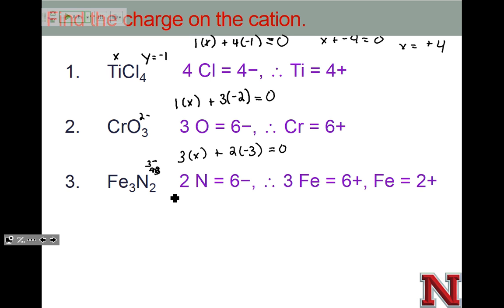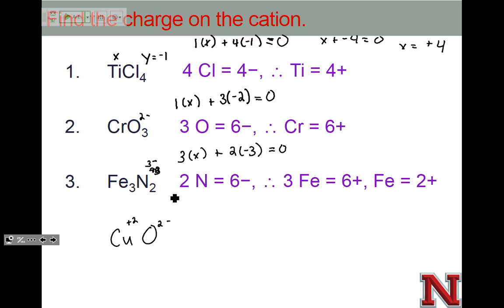Well, you can, but if it's in the empirical formula, you might be incorrect. So, for example, CuO. You know the charge is 2-, so then this must be +2.